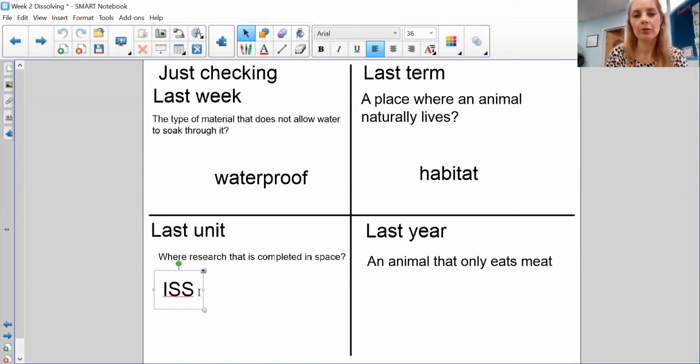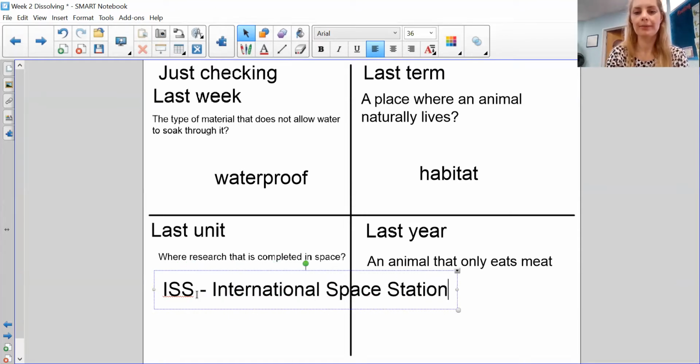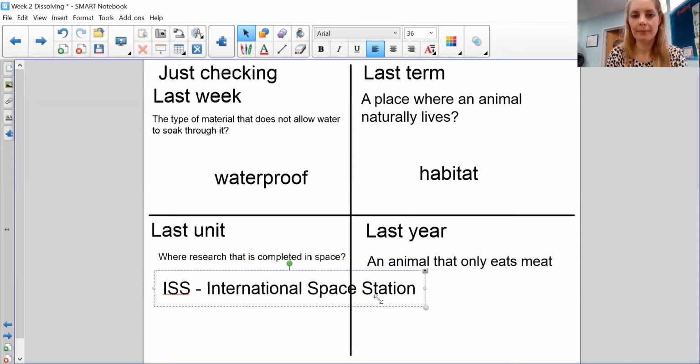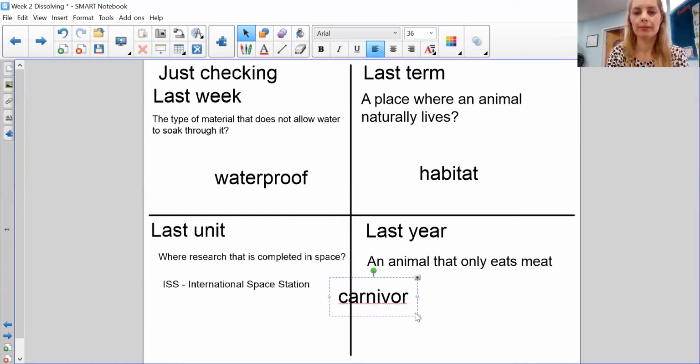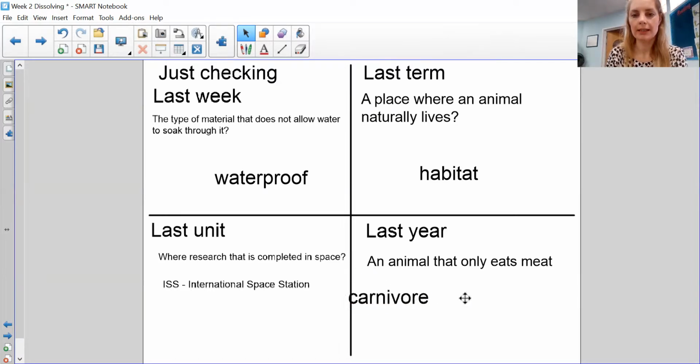So the astronauts will fly up to the International Space Station and they will conduct experiments and tests and look at things from up in space. All right, so if you wrote ISS, that's fine. International Space Station. And an animal that only eats meat is called a carnivore. Right, so there are your 4 just checkings.